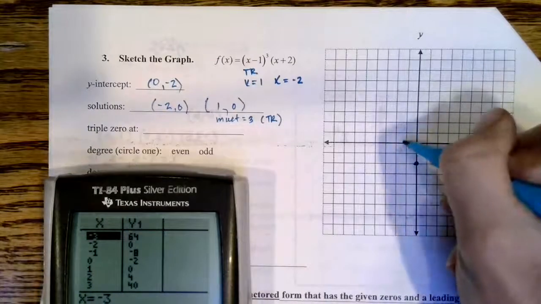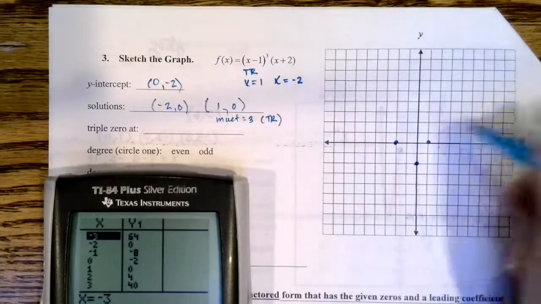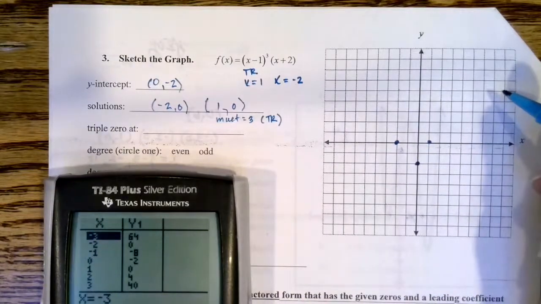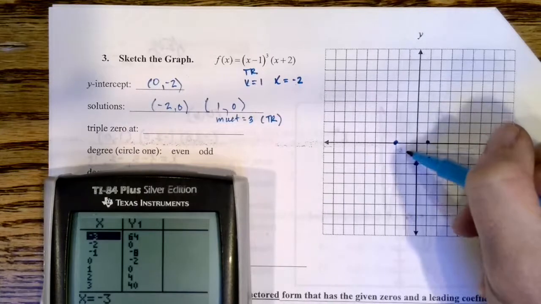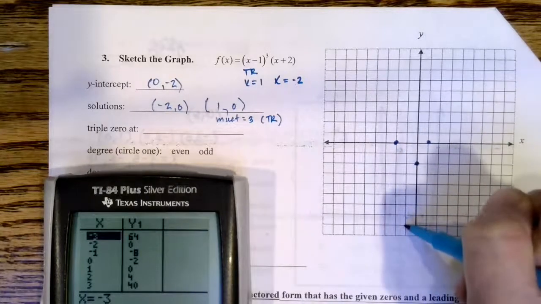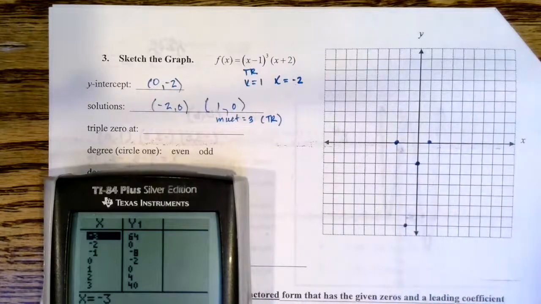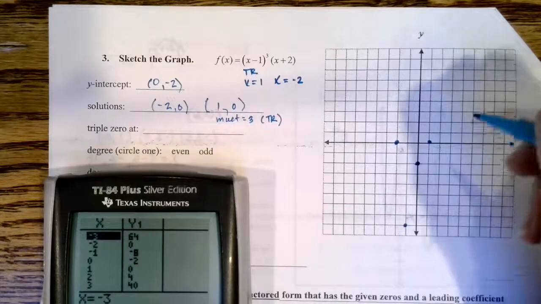Okay, at -2, there's a 0, and at +1, there's 3 zeros. So if you wanted to graph any other points, you could. Over 2, up 4.